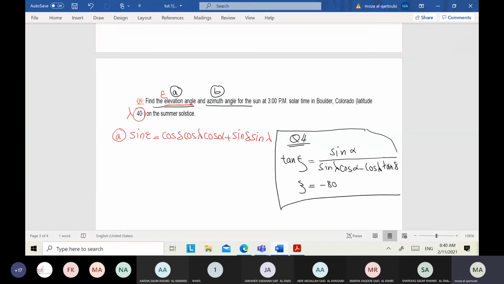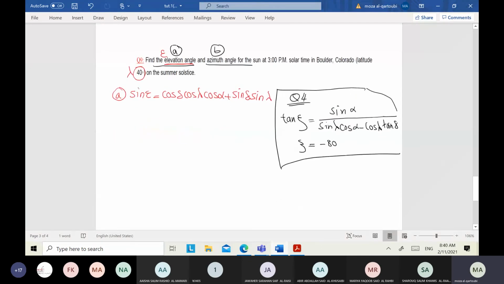We don't have the date to find the number of days. So how to find the declination angle delta? We found delta before, in question number 5, I think, and question number 8, where we found the number of days depending on the given date. Now we didn't have a date. So how to find delta?